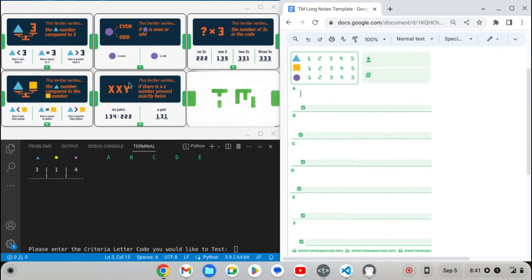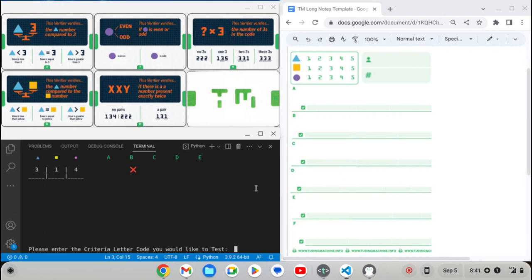So the first thing I want to do is test criteria card B. Okay, so the Turing Machine does not approve of my choice for circle. I did choose an even 4. Since the Turing Machine disagrees with that, it's letting me know that circle should actually be an odd digit.